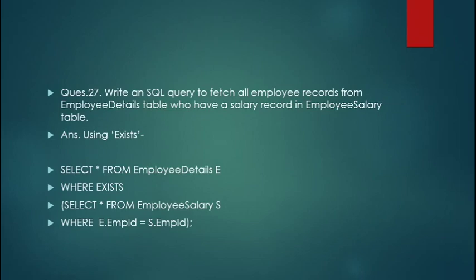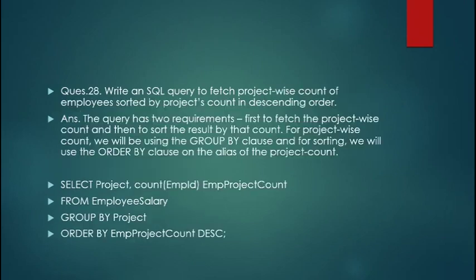We are making a join of these two tables on the basis of employee ID from the employee details table and employee ID from the employee salary table. We fetch the details from the inner query and check whether this data exists in the employee details table or not. This is how we fetch all employee records which exist in the employee details table and which have a salary record in the employee salary table.